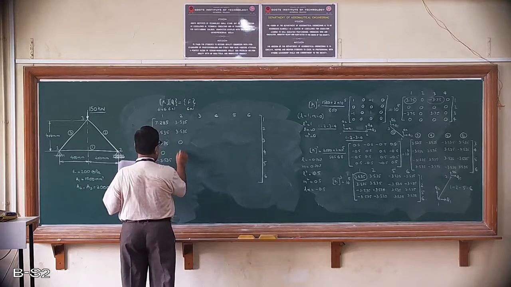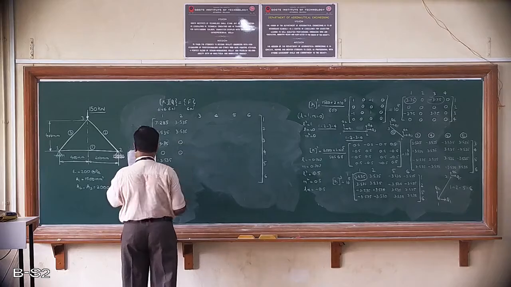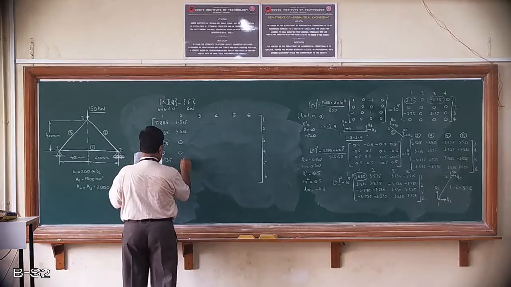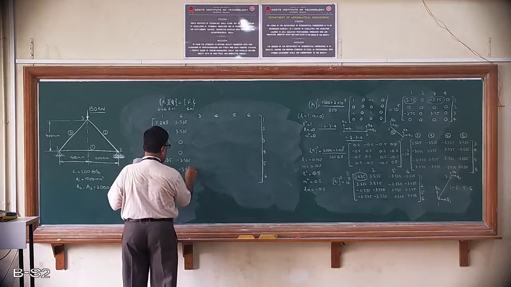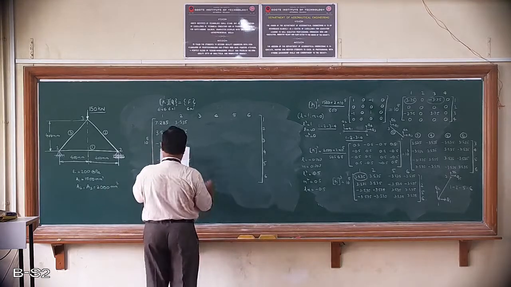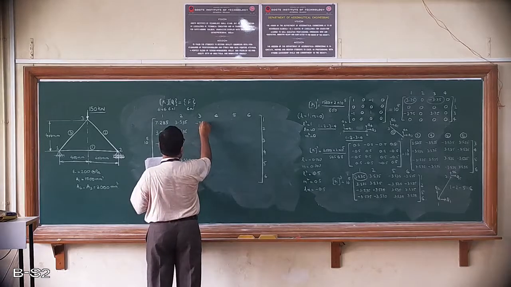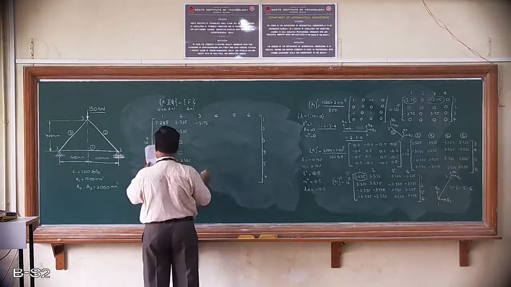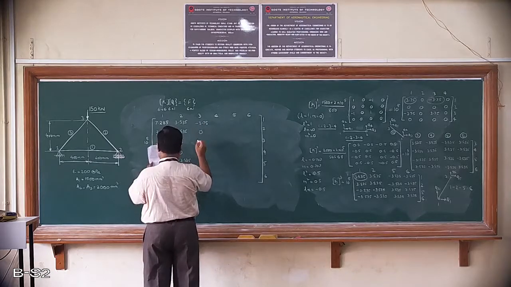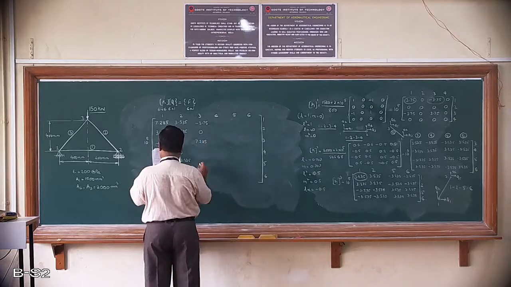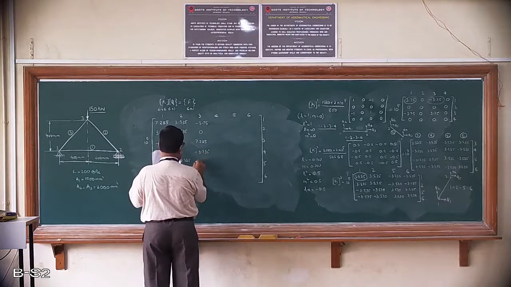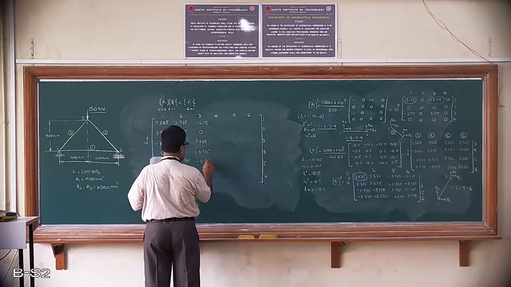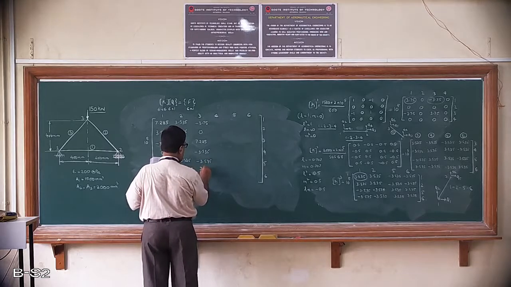Whereas here, these are 0, 0, 0, zeros, minus 3.535, minus 3.535. Third, it is again similar to 1, 3 and 3, 1. They are symmetrical, so they come the same, 0. 7.285 is again coming here also, minus 3.535, minus 3.535, plus 3.535.